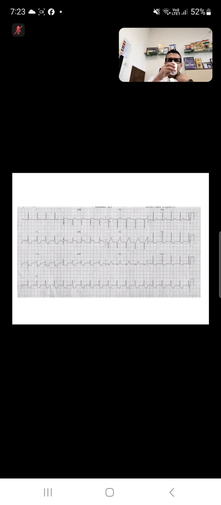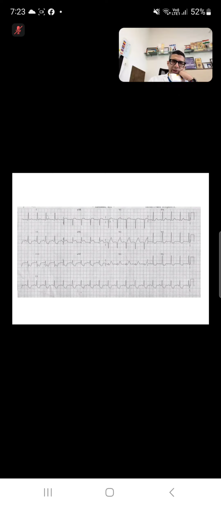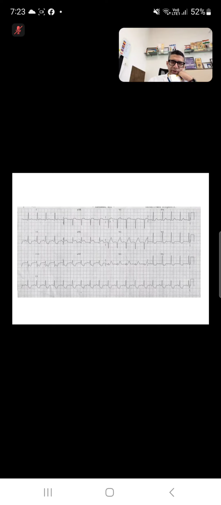So what does the ST segment show? The way you read the ST segment is L1, L2, L3, AVR, AVL, AVF, then V1, V2, V3, V4, V5, V6. In L2, L3, AVF there is a depression. In AVL there is ST elevation.